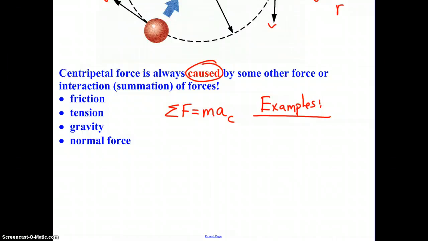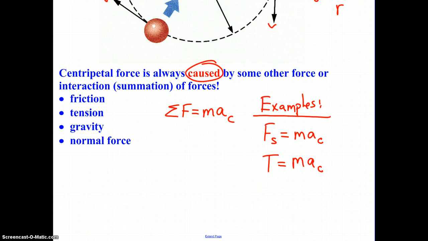Instead, we would see things like static friction causing the mass to centripetally accelerate, or tension causing the mass to centripetally accelerate if it was being whirled in a horizontal circle.